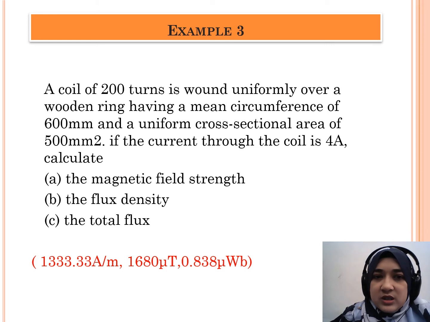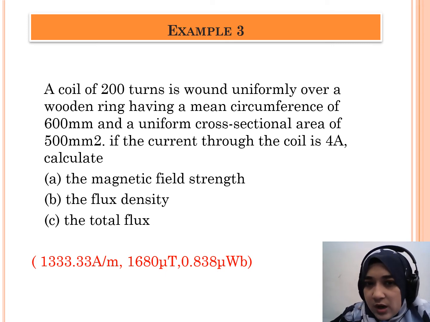Very, very important. So it gives you N is equal to 200. Okay, this is a wooden ring. What can you get from a wooden ring? A wooden ring means it's a non-magnetic material, so the relative permeability of the material is 1.